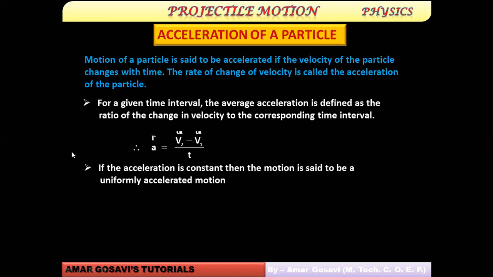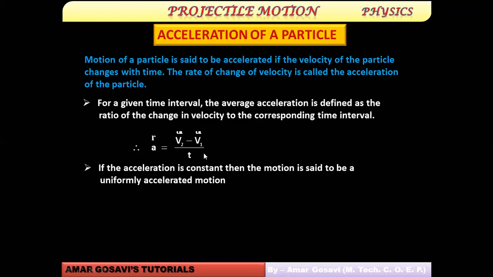Now the third point. If the acceleration is constant, what can you say about the motion? We call such motion uniformly accelerated motion. Remember that. If somebody asks you how to define uniformly accelerated motion, you should say if the acceleration remains constant, then it is uniformly accelerated.